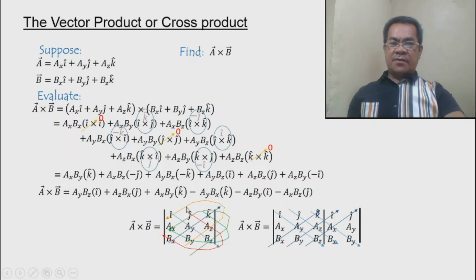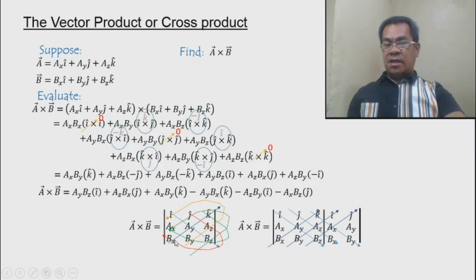So when you are asked to take the cross product, think of determinants. Again, the first row is the unit vectors. Then the second row is the components of A. Do not include the I hat, J hat, K hat there because these are the components.